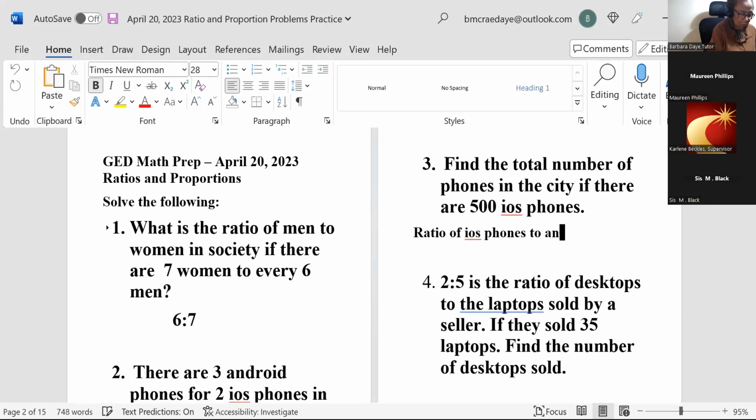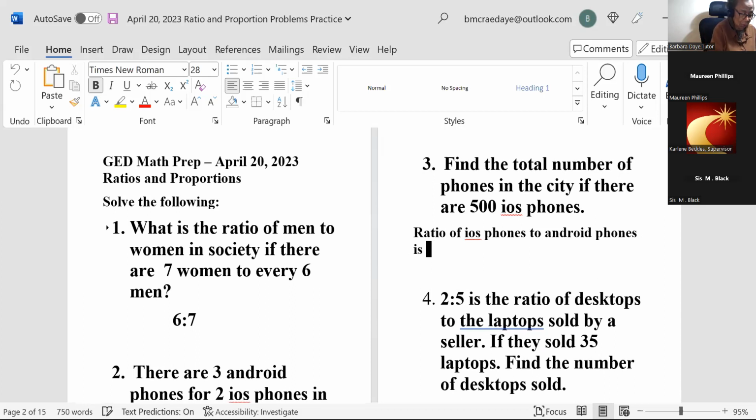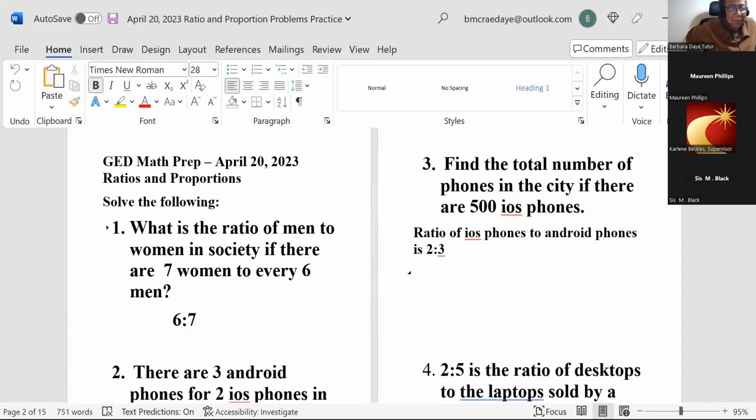We got that from the prior problem. Now, knowing that, how could you solve for the total number of phones in this city if there are 500 iOS phones? Tell me, how do you think you could solve it?